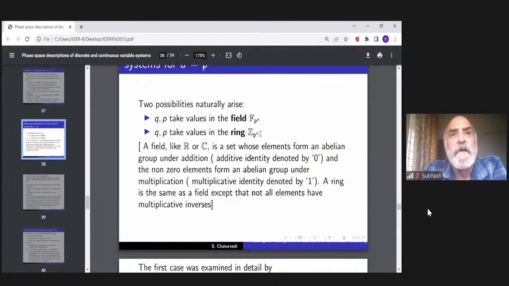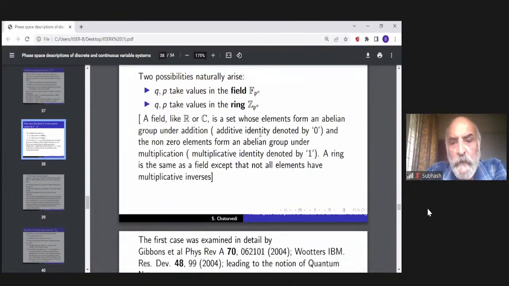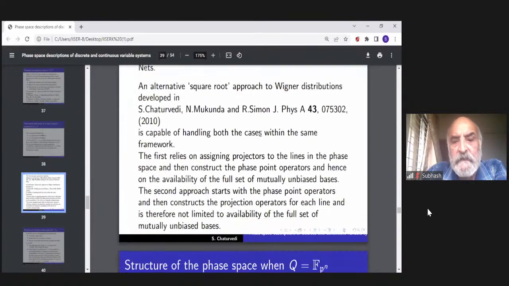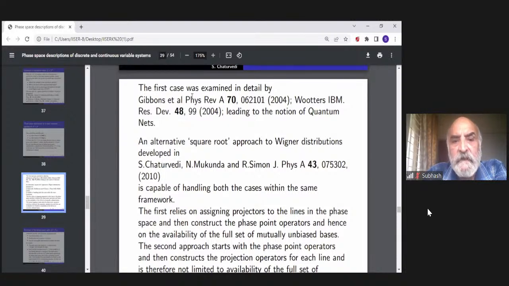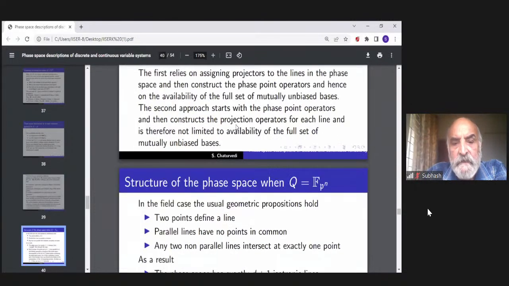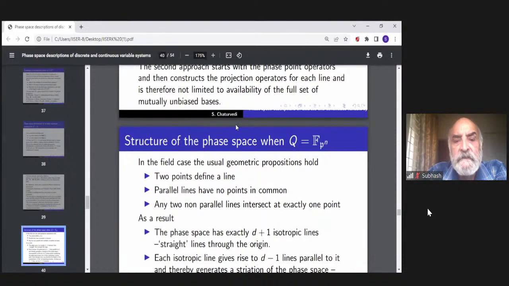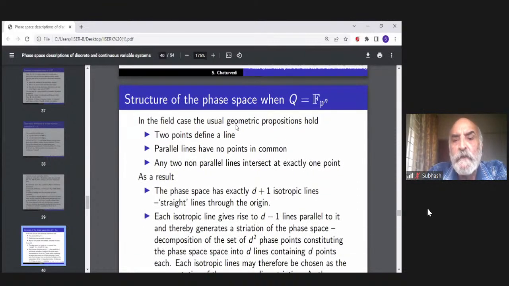Of course, the advantage of working with this finite field, which is discussed in detail in Gibbons and Wootters' paper, is that this phase space has all the properties that you have in the continuum case.